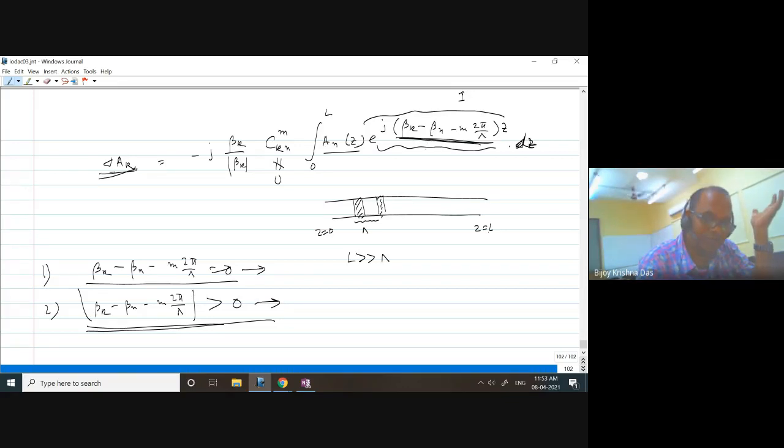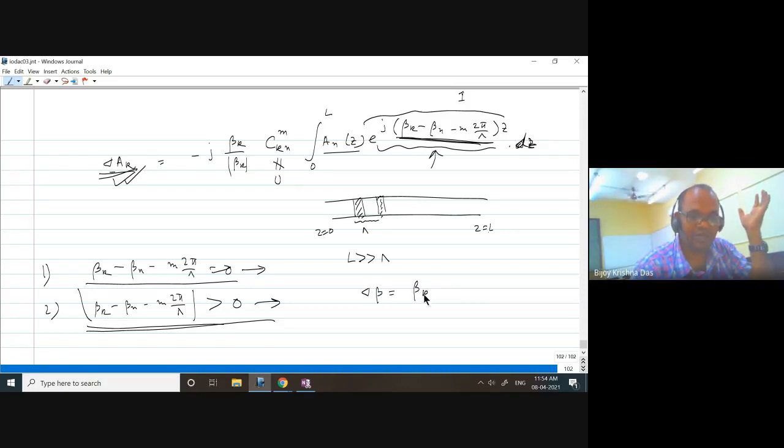But if it is 0, if you somehow manage to get this value to 0, then you can really control the value of AK. You can actually get some kind of evolution. So that means beta K minus beta N. I define this one as delta beta.